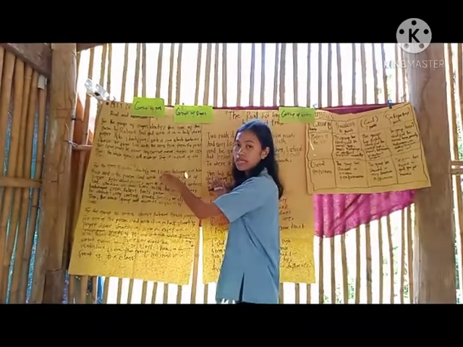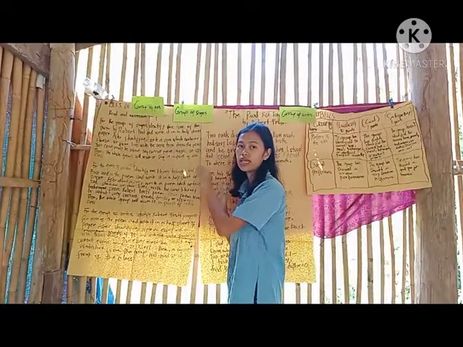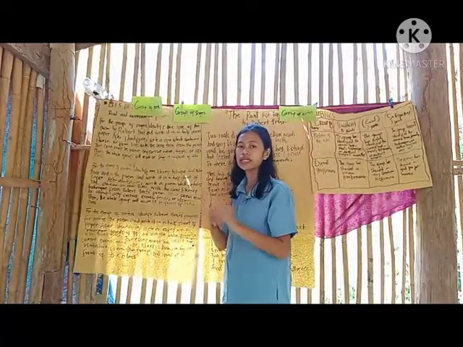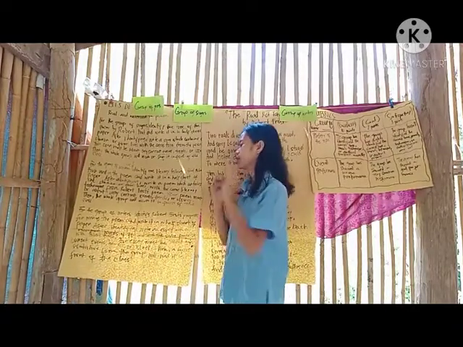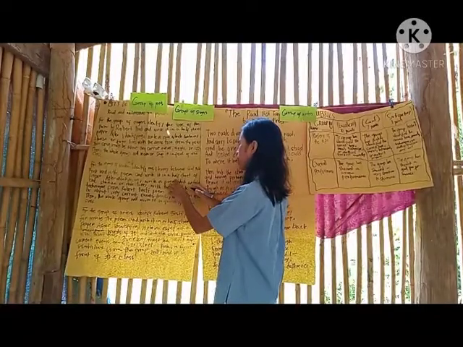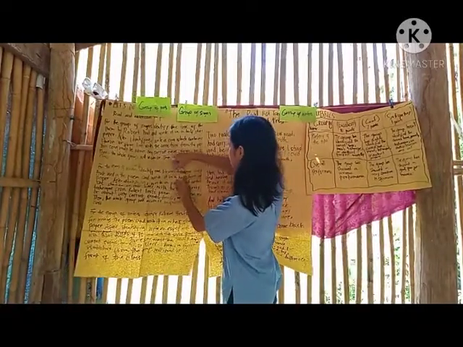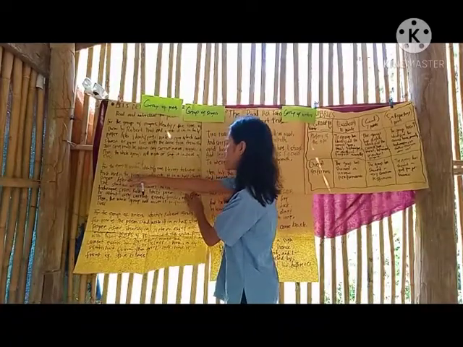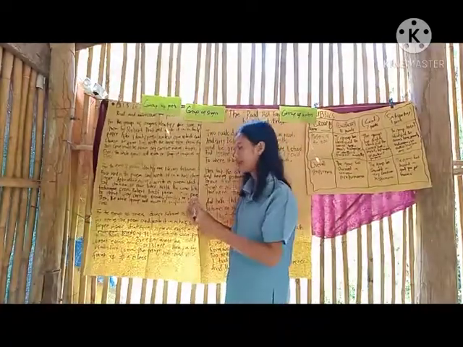And for the group of poets, identify the literary techniques. So the literary techniques are assonance, alliteration, metaphor, similes, and hyperbole. So you are going to identify the literary technique that Frost used in the poem and write it on a half sheet of paper.